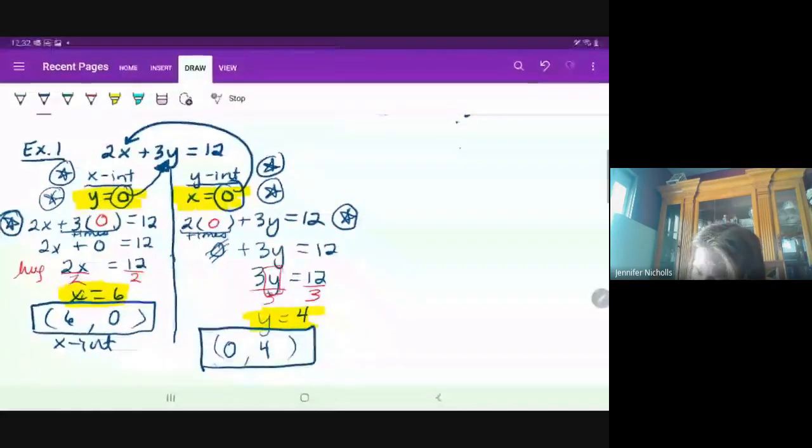So over here, next to the 6, we're going to put a little right 6. I'm going to write that in red pen so you can see it better. So I just wrote right 6 under the 6, and then up a 0. And then this one, I'm going to put right 0, up 4.